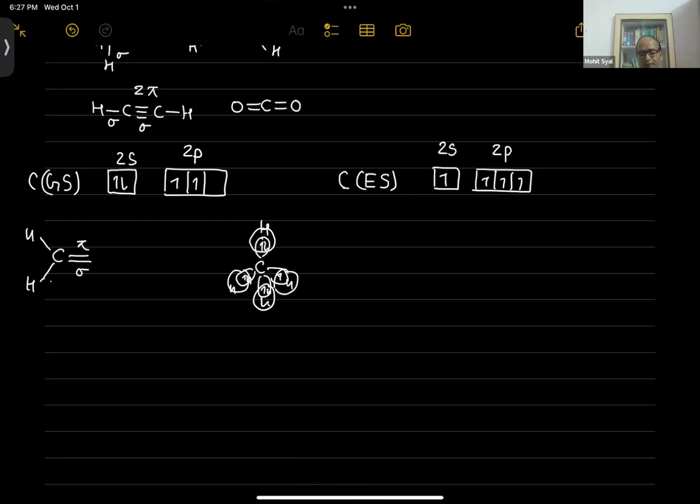So three sigma bonds means you need to mix the s orbital and only two of the p orbitals, and keep one orbital unhybridized. So carbon is sp2.